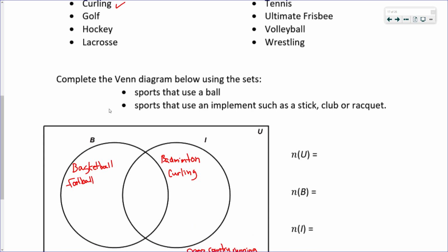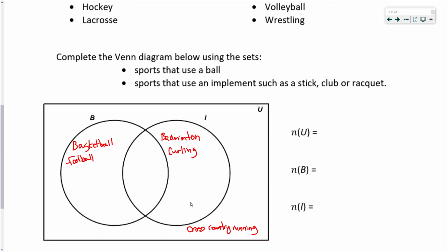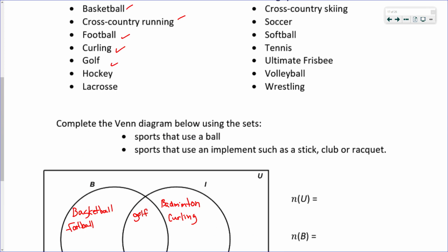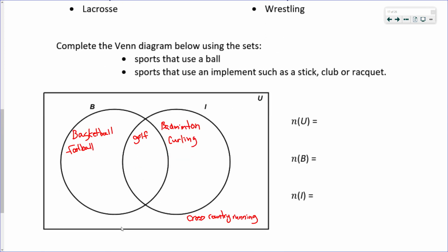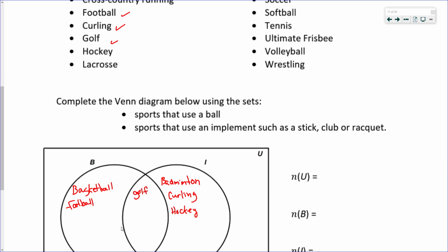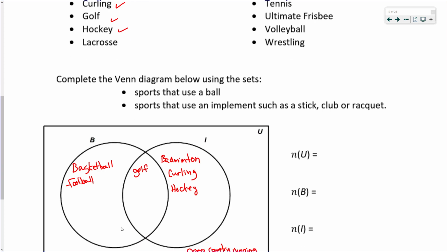Golf uses both because it uses a golf ball and a golf club. So it's going to go in the middle. Then we have hockey. So hockey uses a puck and a stick, so it goes under I. Lacrosse uses both because it's got its stick that catches the ball.